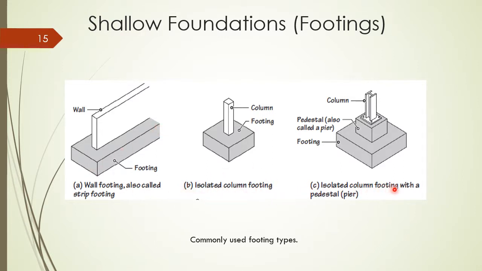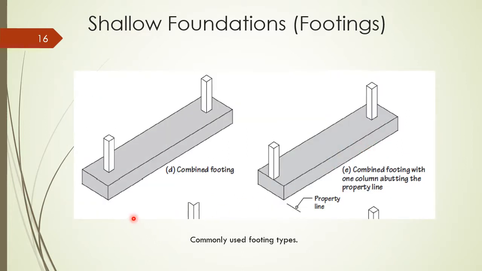The isolated column footing with a pedestal increases the footing strength without increasing the amount of concrete. This is a combined footing. Here, the combined footing, notice the property line is here, and I cannot extend the footing past this point.